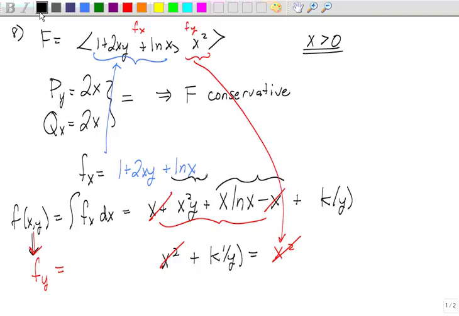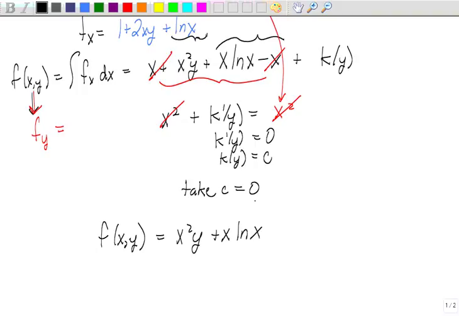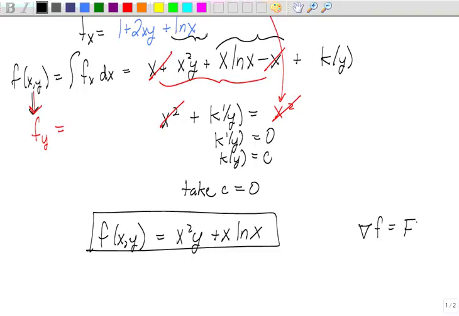And again, k prime of y is 0, so k of y is some constant. We'll just take the constant to be 0, so our function is x squared y plus x ln x. And that tells us that the gradient of f is capital F.